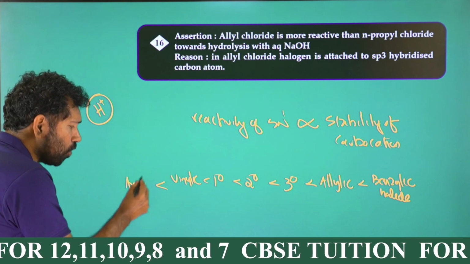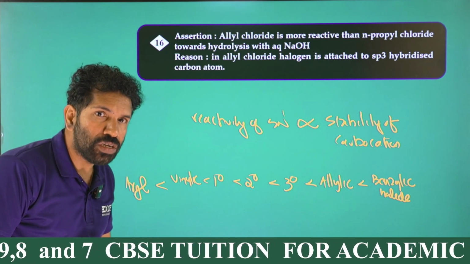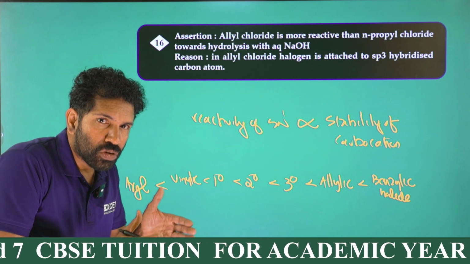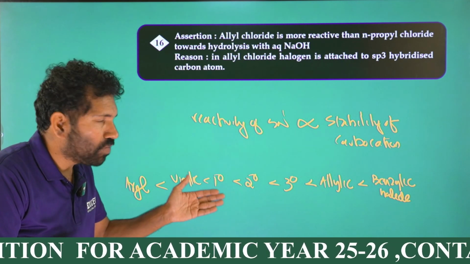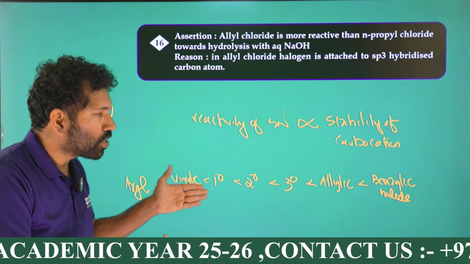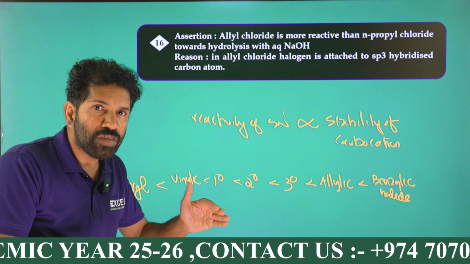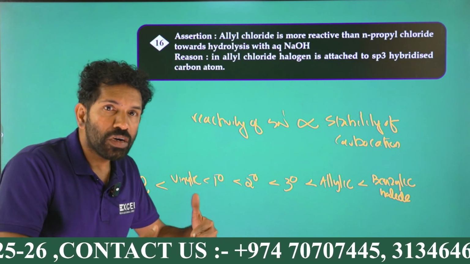This is the same order as free radical halogenation of alkane, where we get a monohalogenated product. There we talked about stability of free radical; here we are talking about stability of carbocation.